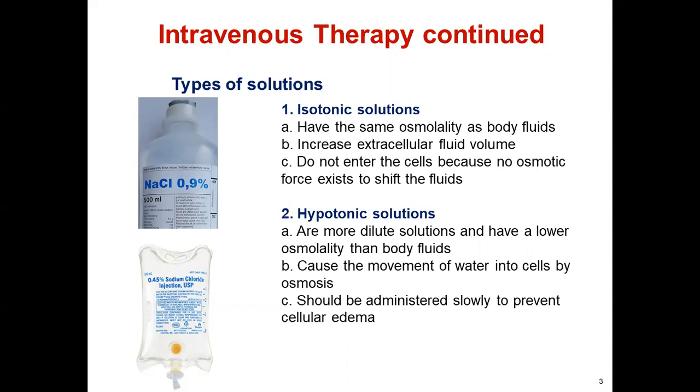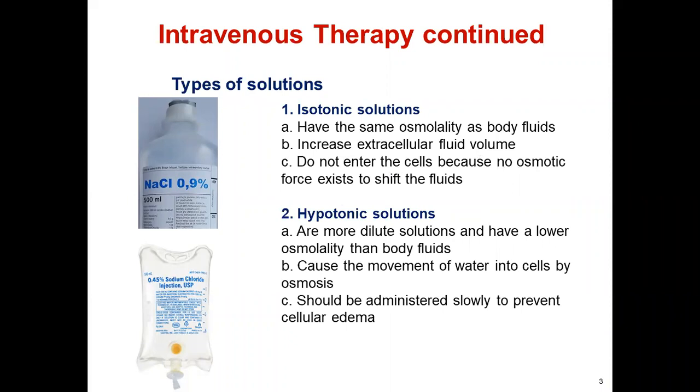Let me read it first. In the picture, you can see the 0.9% sodium chloride. So isotonic has the same osmolarity as body fluid, increases the extracellular fluid volume, and does not enter the cells because there is no osmotic force for the shift of the fluid, right?